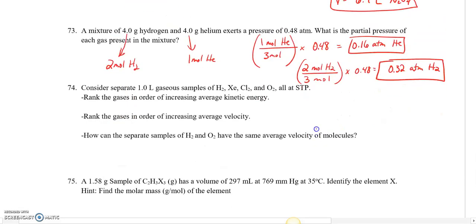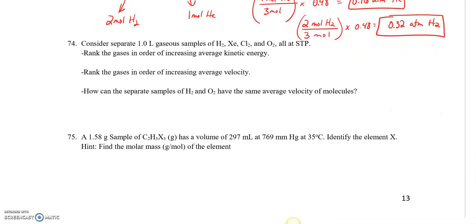Next up is 74. Consider separate 1 liter samples of hydrogen, xenon, chlorine, and oxygen all at standard temperature and pressure. Rank the gases in order of increasing average kinetic energy. Well, since they all have the same temperature, they all have the same kinetic energy. Next question, rank the gases in order of increasing velocity.